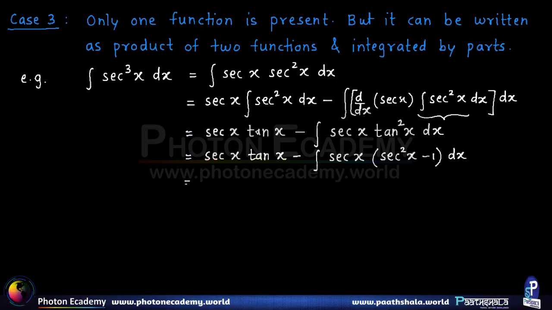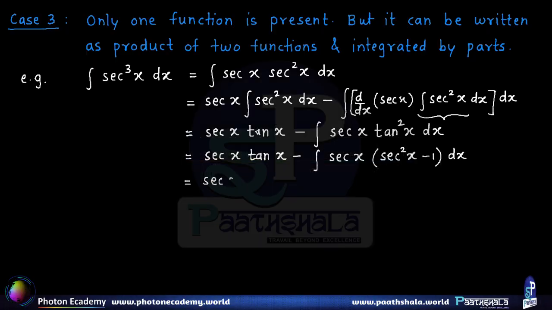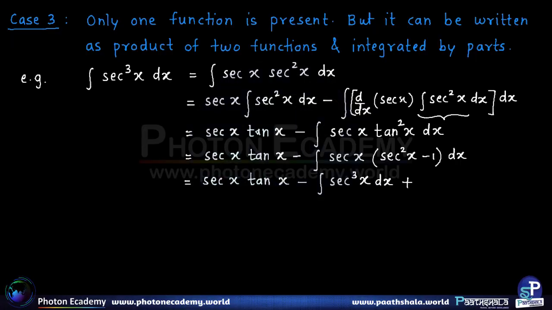So that gives us further sec x tan x minus integral of, now sec x into sec square x is sec cube x, isn't it, and the second term will become plus because there are two minus signs, and then integral of sec x dx.